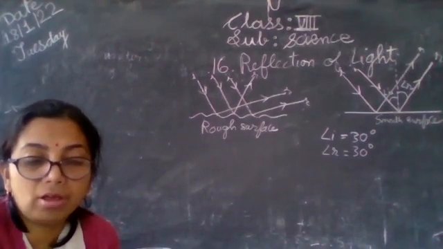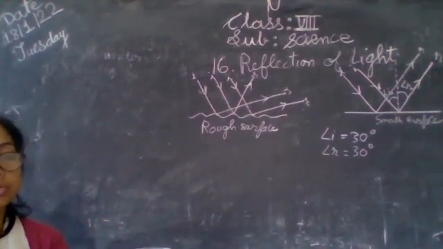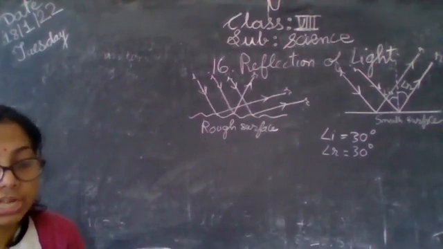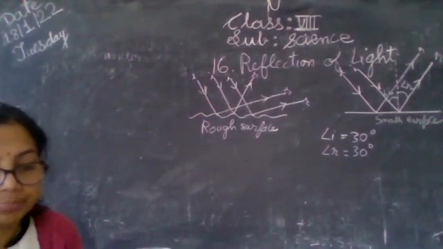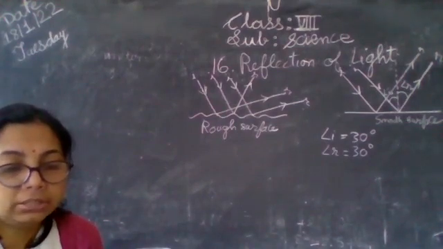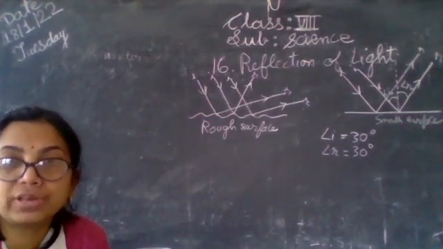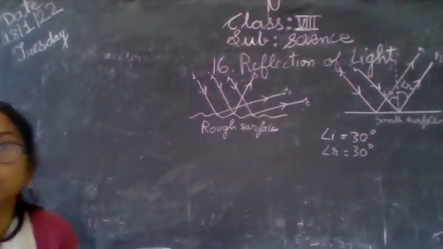If the angle of incidence for incident ray is I1, I2, if we consider that way, and the angle of reflections we consider R1, R2.